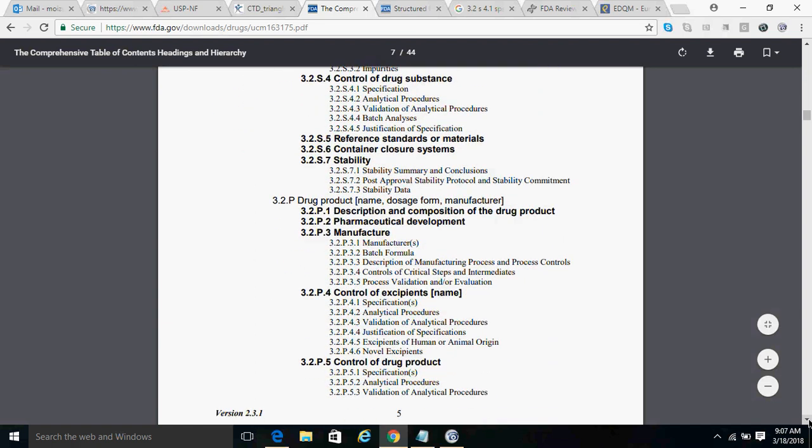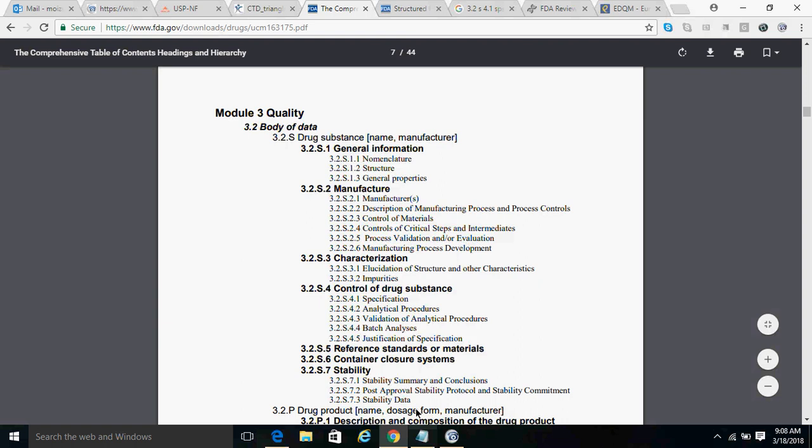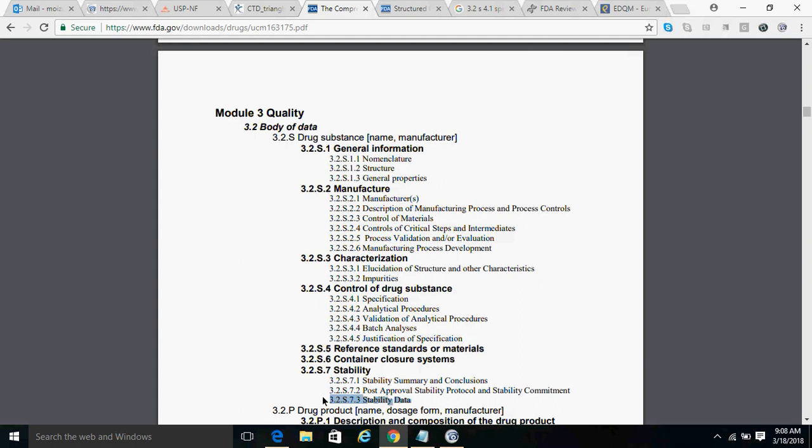And in drug substance stability sections, always make sure every lot has a batch number, like stability data, batch number, and what tests they have done on that stability. Suppose they are checking that sample, they'll make sure what the stability is, at what temperature they are pulling that lot, and what test has been performed: water test, stability test, impurity test.